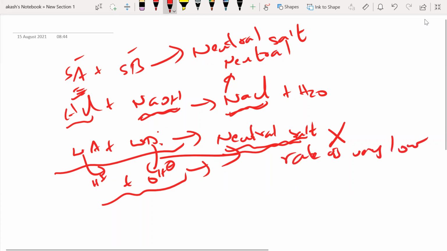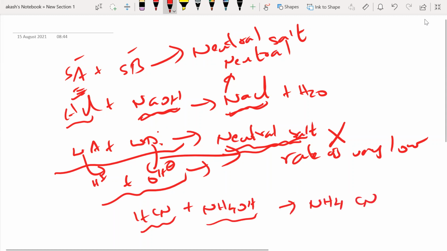Okay, right? If at all you want any examples of these kinds of salts, you can take anything. Like say I take HCN plus NH4OH. I know this is a weak acid, this is a weak base, so you are going to end up with NH4CN, that is, ammonium cyanide. You will see only traces of ammonium cyanide in the solution.